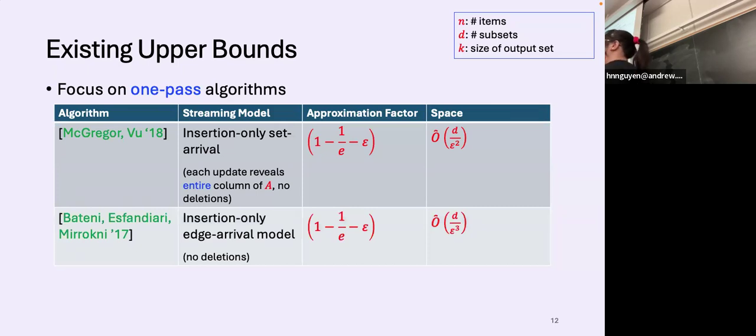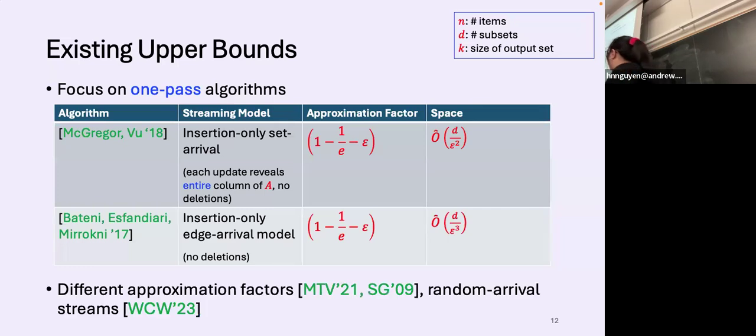Now I'm seeing each edge individually, or again, each entry of A. They match the approximation factor, and they almost match the space up to an epsilon factor. For the rest of this talk, I'm going to be suppressing polylog factors to not clutter everything, but that's what the tilde is hiding. And there's been a bunch of other work if you consider different approximation factors, or random arrival streams.